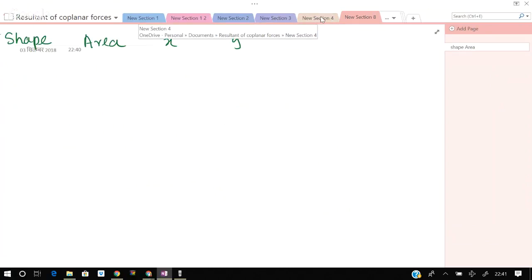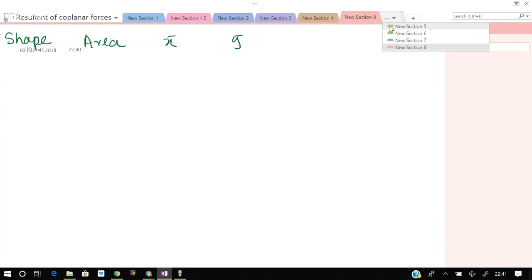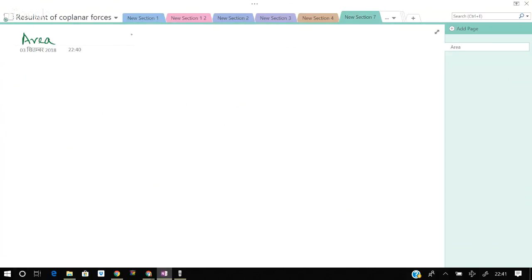And before learning this, we'll go back to the previous section and study something about area. There is some relationship between area and weight. So let us study the relationship between area and weight. First of all, we know that F equals mass into acceleration.